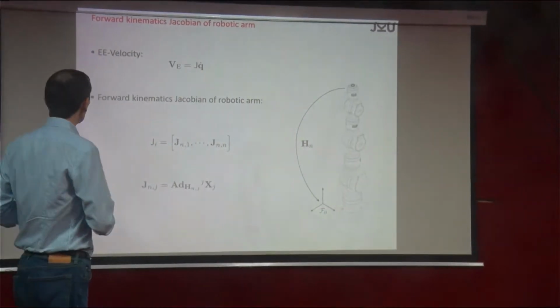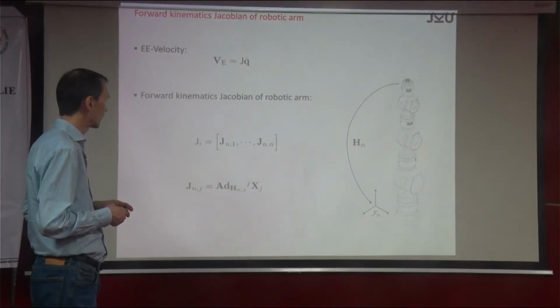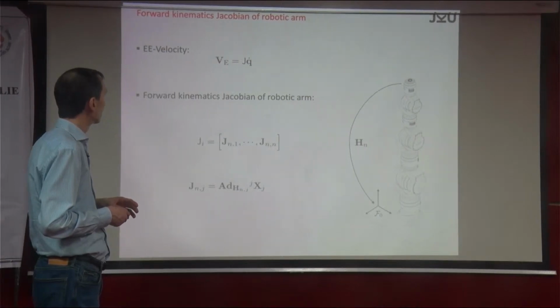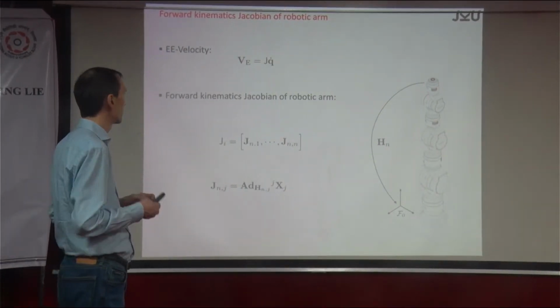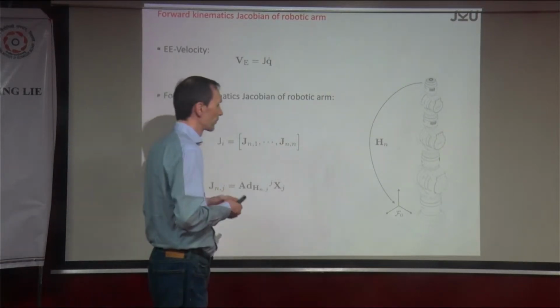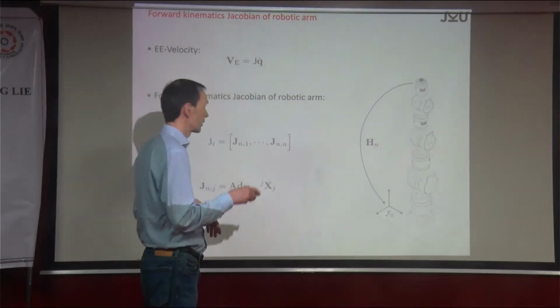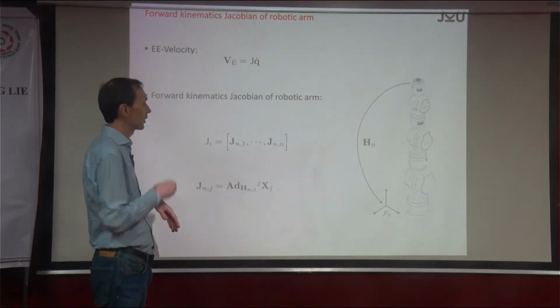Okay, what else? Maybe this is the last thing, which we already talked about: the forward velocity kinematics problem of a robotic manipulator. We talked about this many times already. Given the joint velocities, we would like to have the end effector velocity.